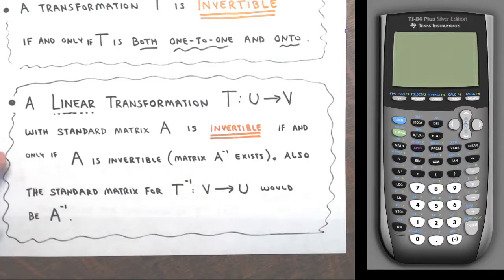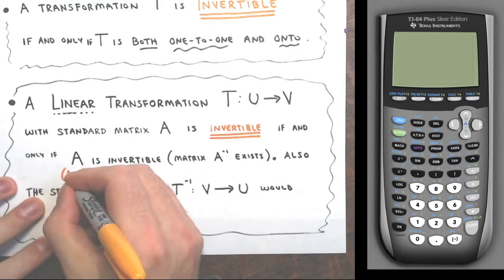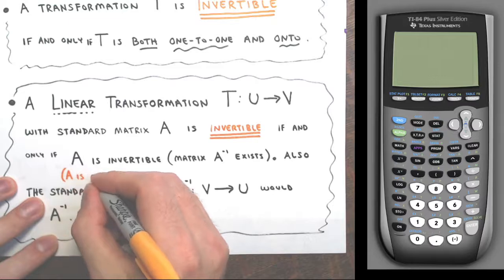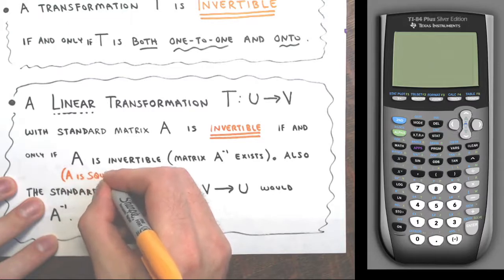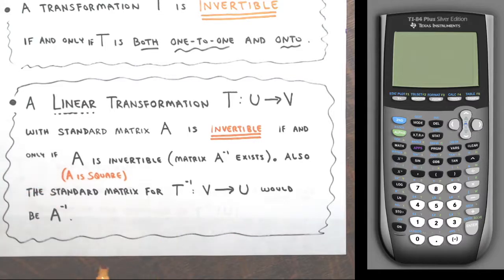Now what does that tell you? When do matrices have inverses? First of all, A has to be square. The standard matrix for the transformation has to be square, so I have the same number of rows and columns, be it 3x3, 2x2, 4x4, whatever.